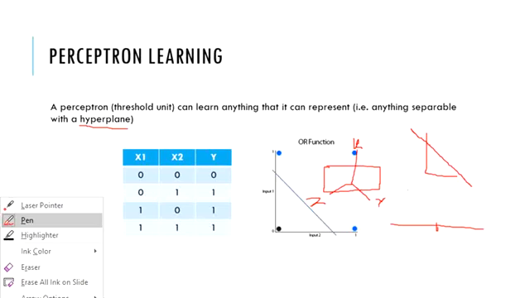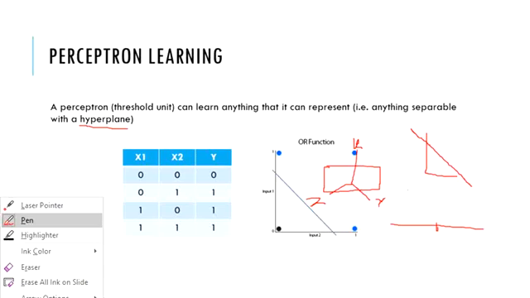Now consider this example. If you look at these data, what do you see? The values of x1 and x2 are the input features, and then the value of y. If both of these are 0, then the value of y is 0. If any of the input features is 1, then the output is 1. And if both of the input features are 1, then the output is 1 as well. So this is basically an OR function.